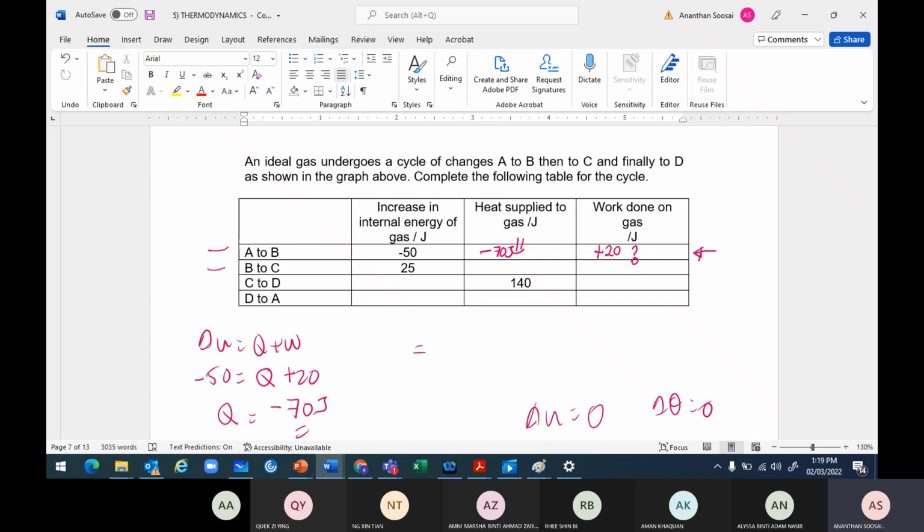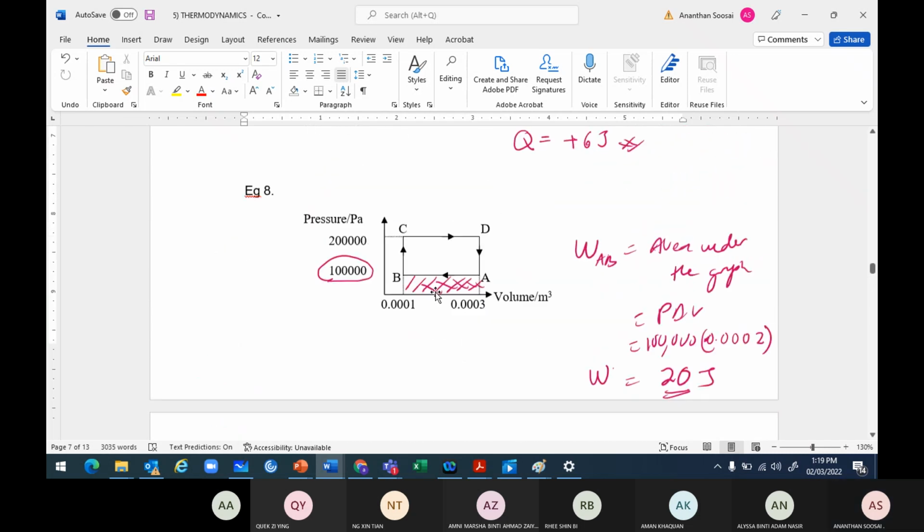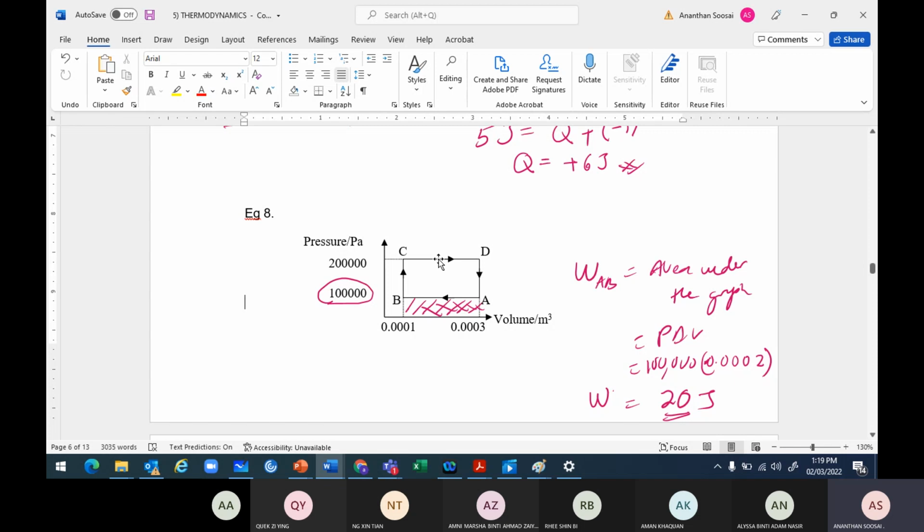Okay, so we worked together on A to B. Can you get the answers for B to C now? For B to C, fill up the work and heat. Go to the graph and find the work for B to C. B goes to C, straight up.